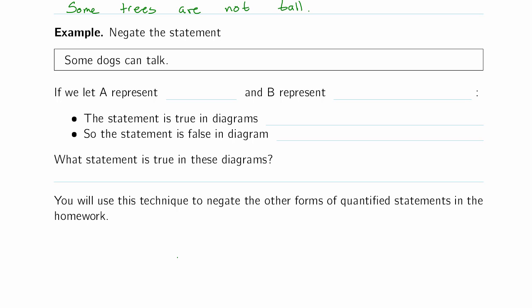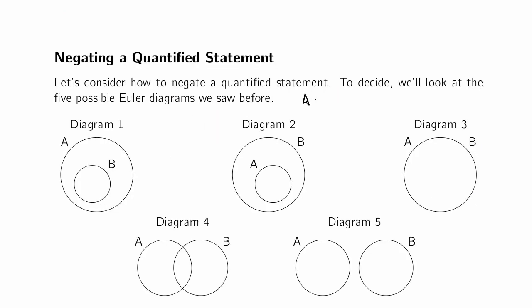Well, we go to our diagrams again. We'll let A represent dogs and B represent talking things. I'm going to go to a new copy of the diagrams. A represents dogs. B represents talking things.